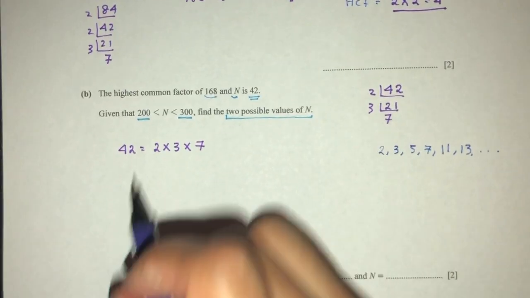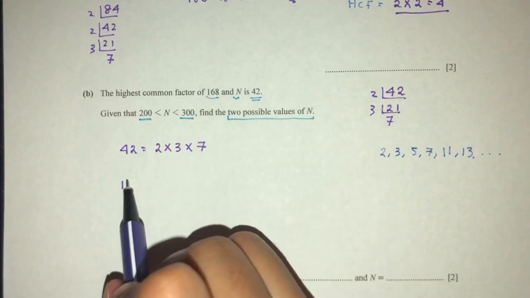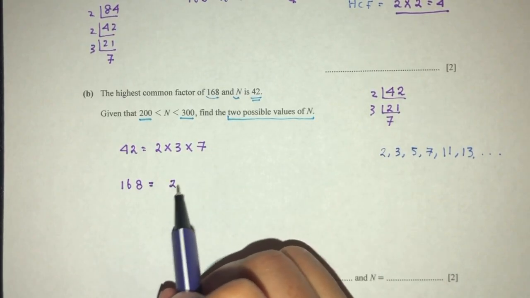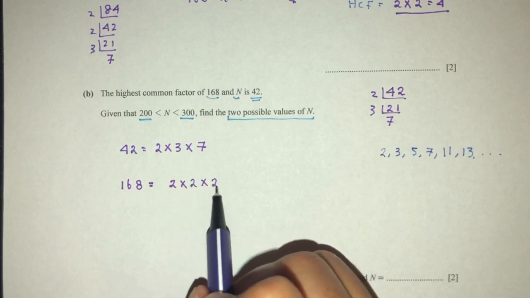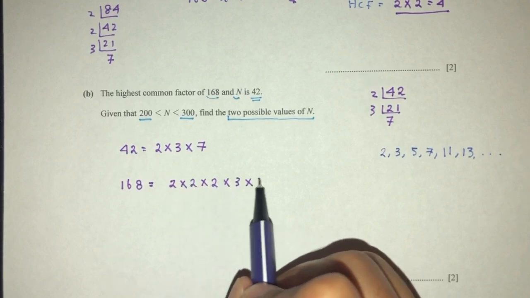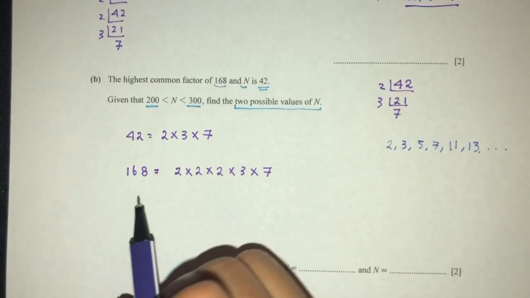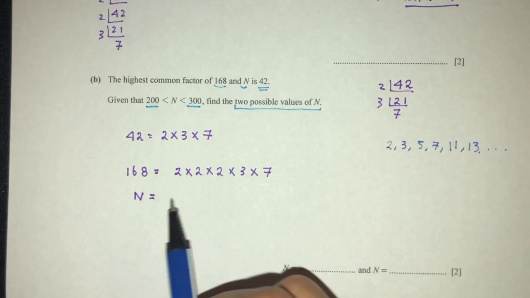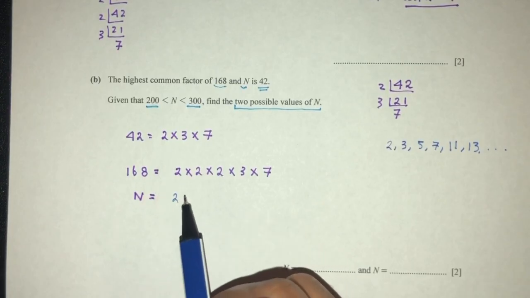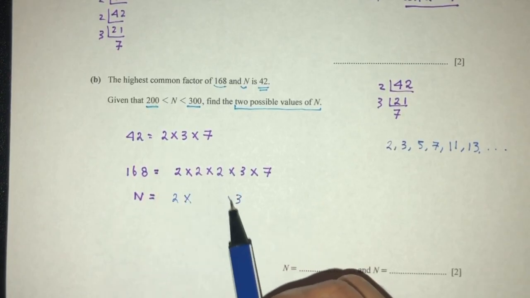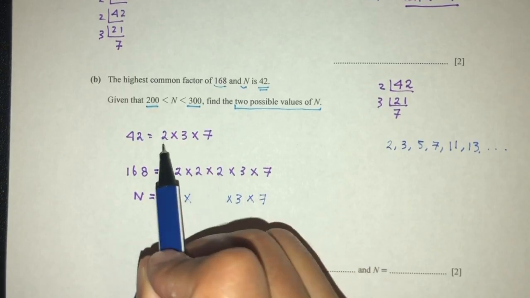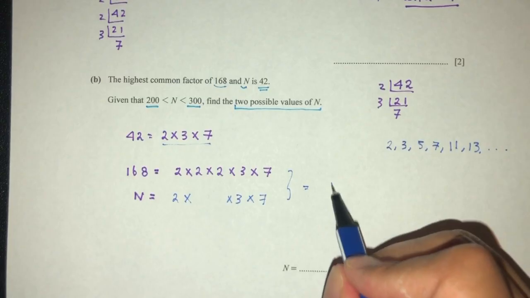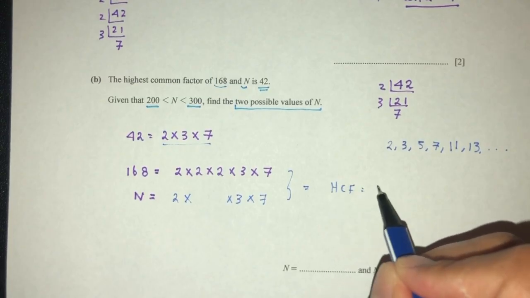Now here, for example, we have the number 168. We have the factors 2 times 2 times 2 times 3 times 7. Now we have a number n here that we don't know, but we know at least it has to be 2 times 3 times 7, because those match for you to get your HCF as 42.